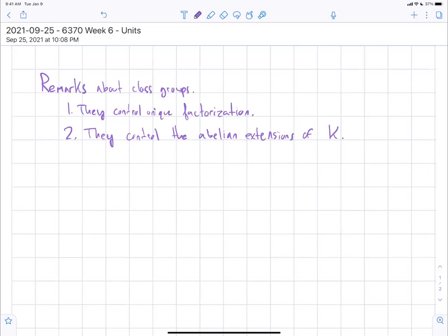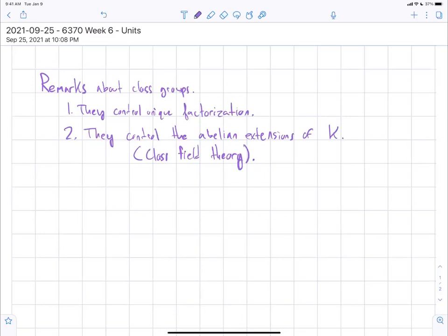The class group of K controls certain abelian extensions of K, and then there are generalizations of the class group that control other abelian extensions. You can put that all together, and you get something like the class group that controls all abelian extensions. So this is the subject of class field theory. This is a pretty interesting theory.